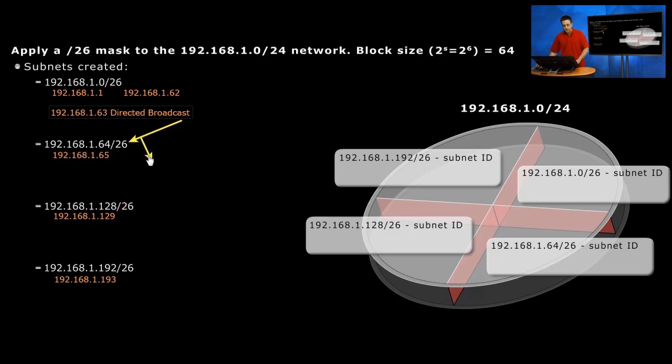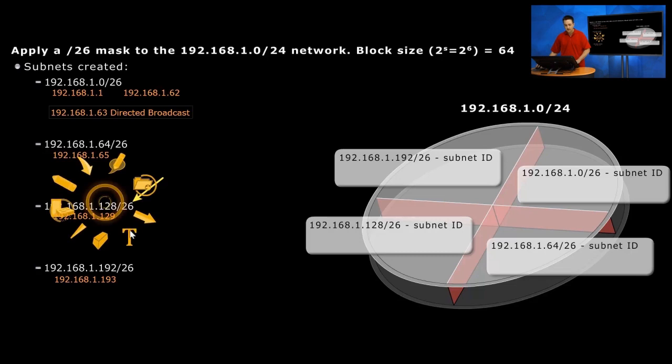So now let's figure out the last usable address for this subnet right here. So we're going to first find out the directed broadcast address. So take this and subtract 1 from it. What's the value that we get in this particular case? It's going to be 192.168.1.127.